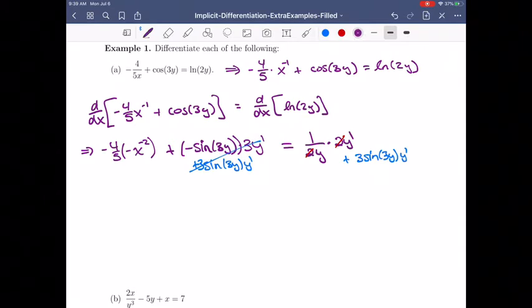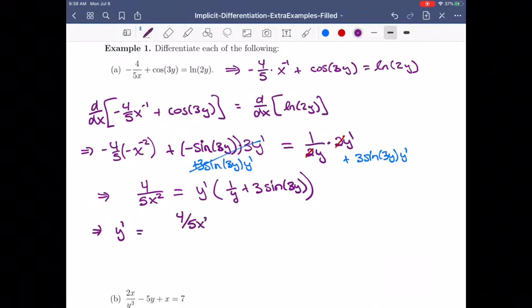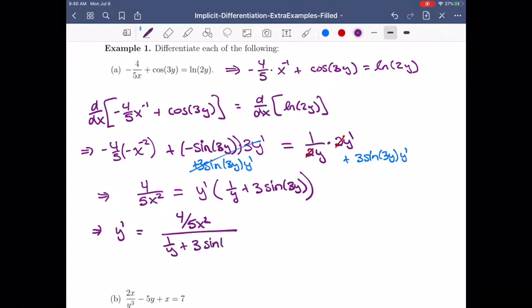So I'm going to have over here 4 over 5x squared equals, and now I can factor out the y prime here. So it's going to be 1 over y plus 3 sine of 3y. Then if I solve for y prime, it's going to be 4 over 5x squared divided by 1 over y plus 3 sine of 3y.